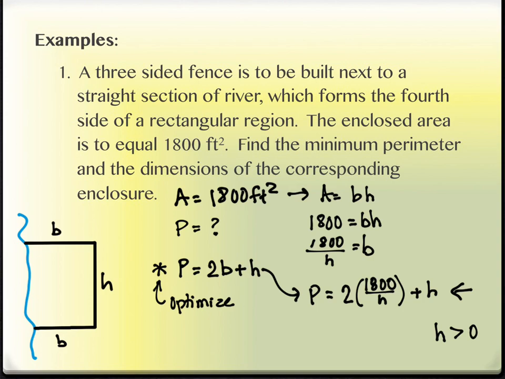What would b have to be in order for this equation to work? 1. B would have to be 1. That'd be a very funny looking fenced in area, right? It'd be 1 foot wide and 1,800 feet long. But it's at least an upper end that seems like I'm certainly not going to get anything bigger than that. Does that make sense? So this right here could be written instead like this.